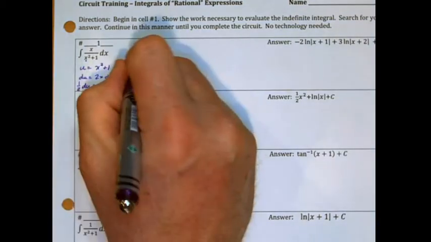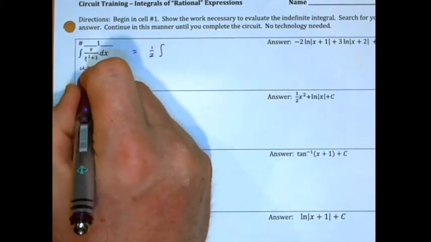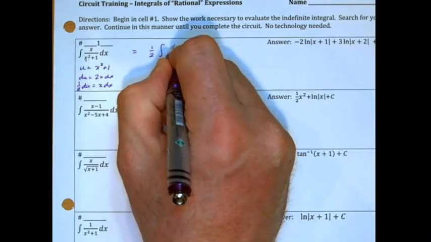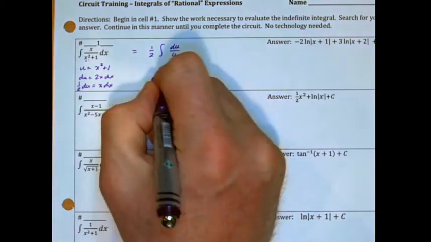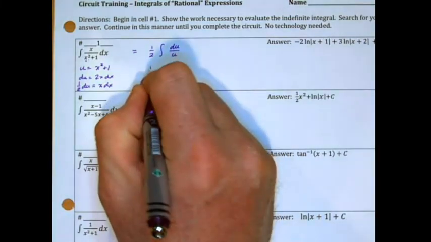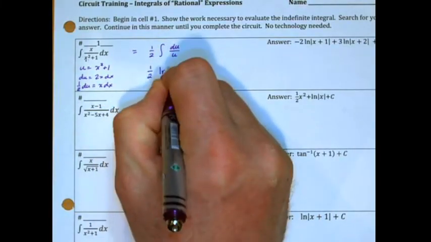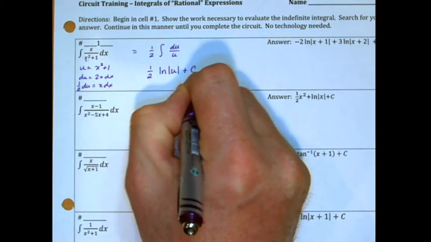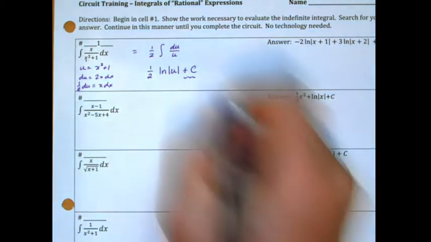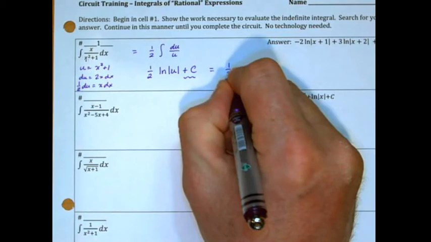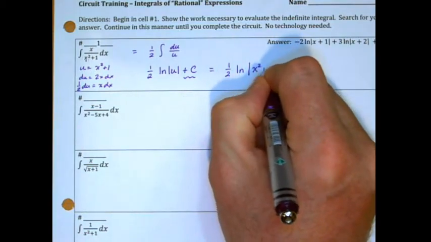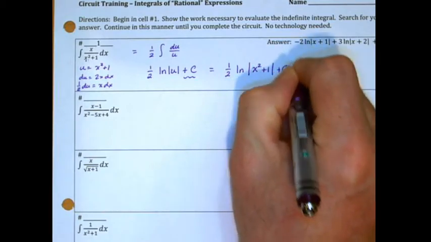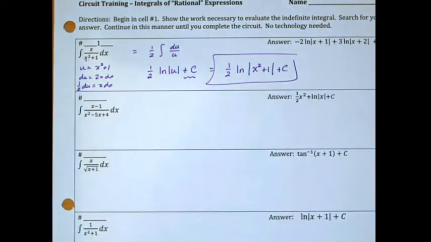So the 1/2 will come out front, and we need the derivative, which is going to be du over u. And since that is the natural log, that's the natural log of u. Don't forget the plus c always on this one. So we're going to plug back in the u value of x squared plus 1, and there's that answer.